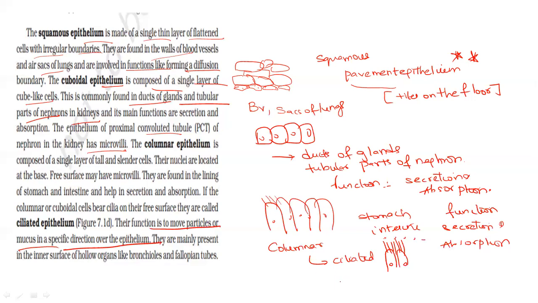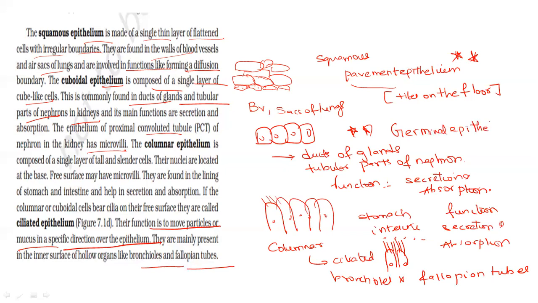They are seen on the inner surface of hollow organs like bronchioles and fallopian tubes. Another name for cuboidal epithelium is germinal epithelium because it surrounds gonads.